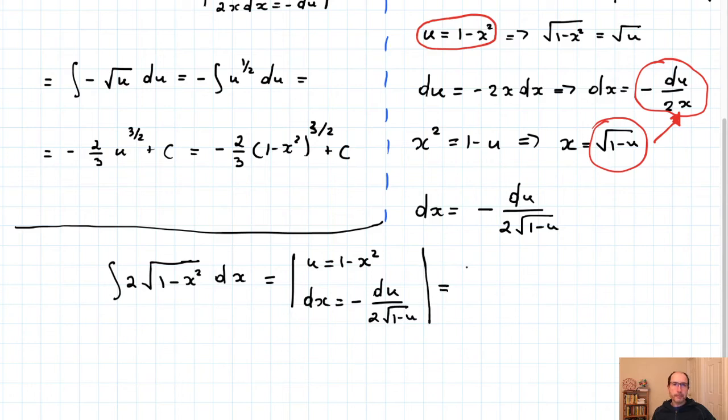And so when we go ahead and plug this into our integral, as we said earlier, the square root of 1 minus x squared now becomes the square root of u. And then instead of dx, we need to plug in negative du over 2 times the square root of 1 minus u.